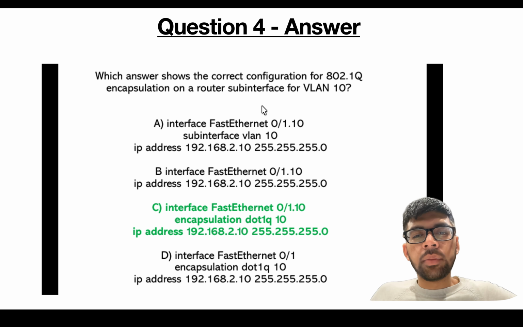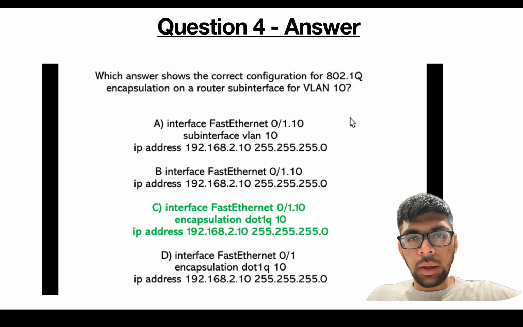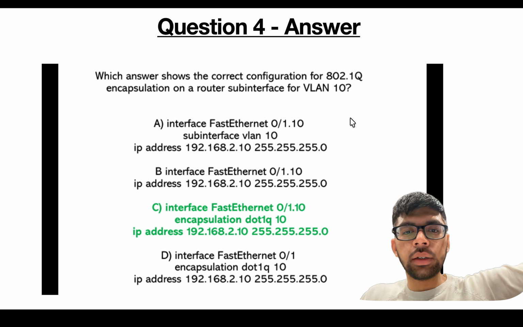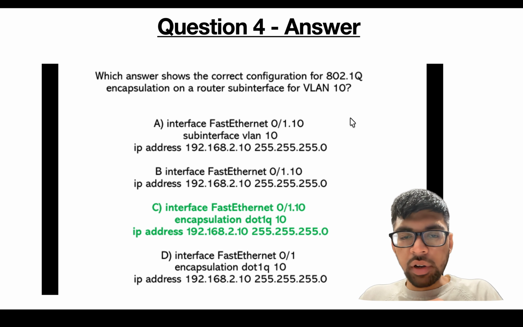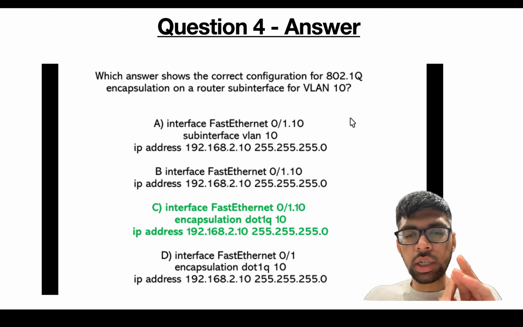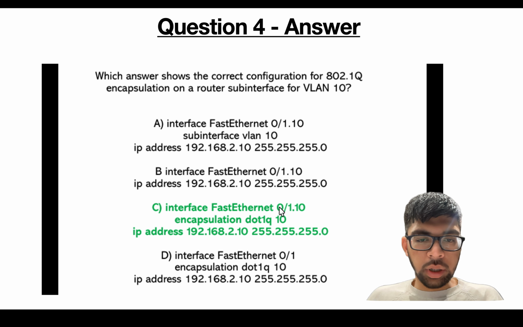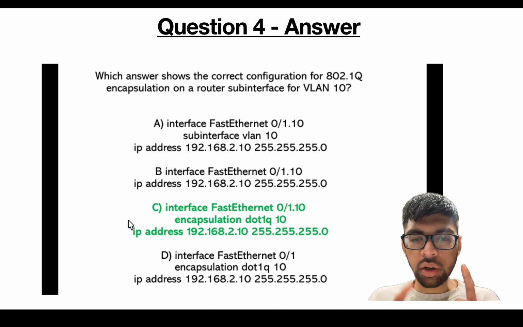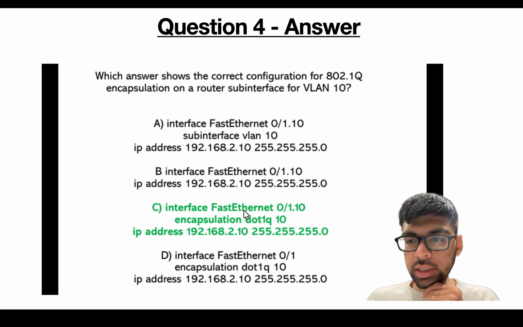You've got to remember, when you're configuring a router subinterface for a VLAN, configuring encapsulation, there are basically 3 things you need to enter. This one is the complete configuration, whereas the others don't have the necessary elements.